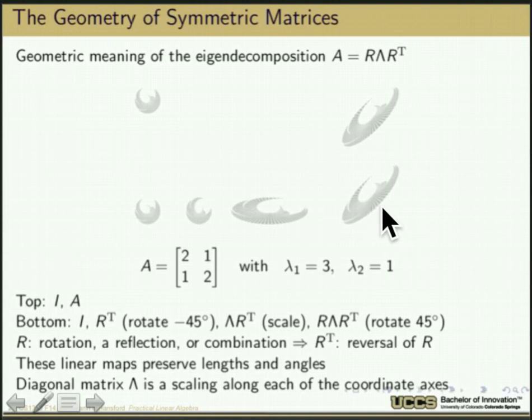Every symmetric matrix has some directions that are going to be fixed, so we can rotate it so those fixed directions are the axes, scale along the axes, and then rotate it back so those fixed directions are the directions we want them to go. So in general, this gives us a very nice geometric interpretation of any matrix. And although we've been doing this here in 2D, all this is going to generalize as we look to higher dimensions.